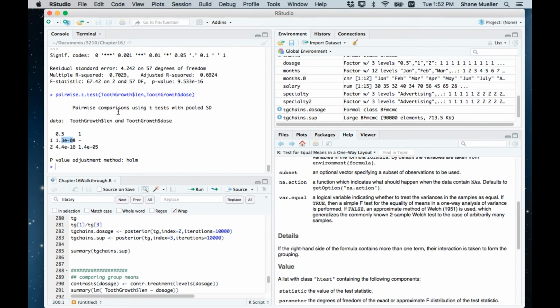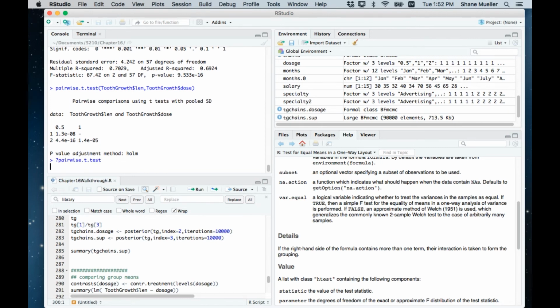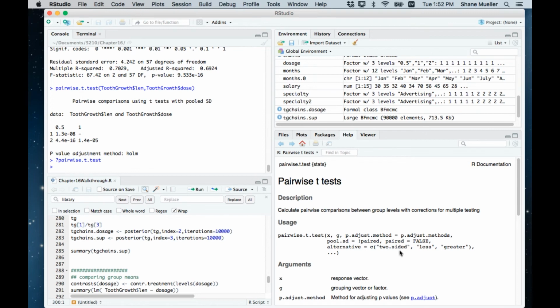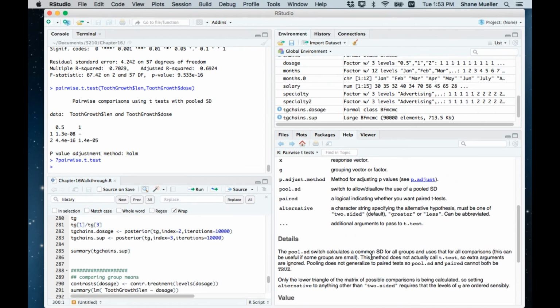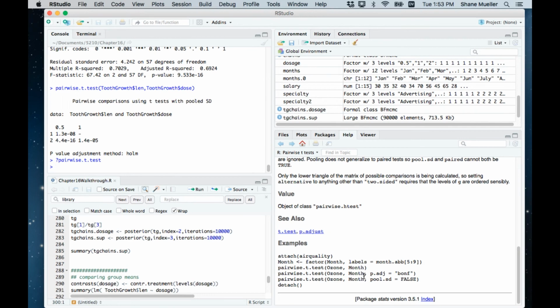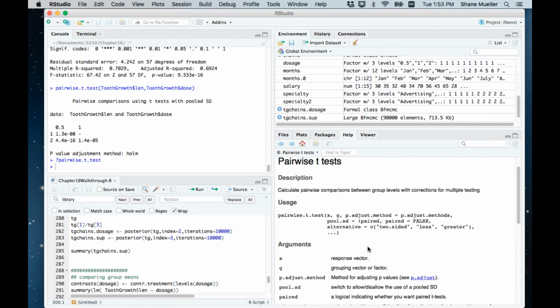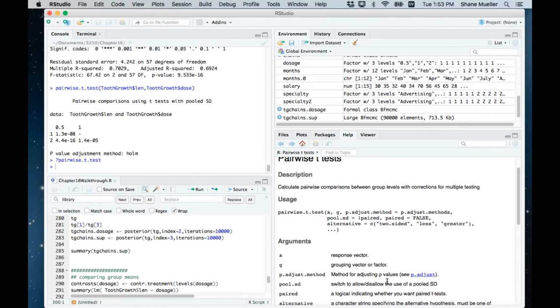Now, the pairwise t-test function, by default, corrects this with a method called Holm's method, and so it adjusts the p-value that way. But other methods are available.